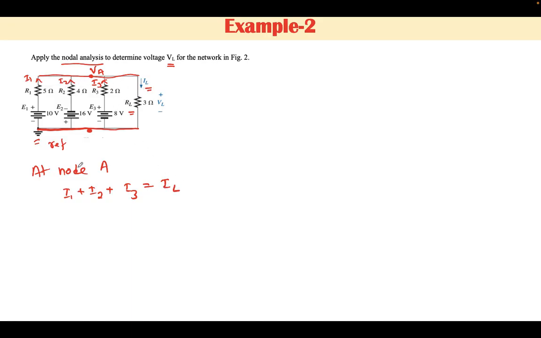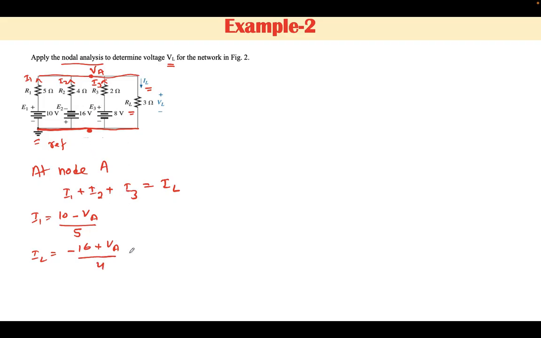Now finding the value of I1: I1 will be equal to 10 minus VA upon 5. I2 will be equal to, since the current is flowing upward, minus of 16 plus VA upon 4.